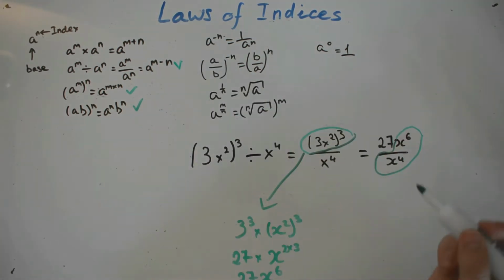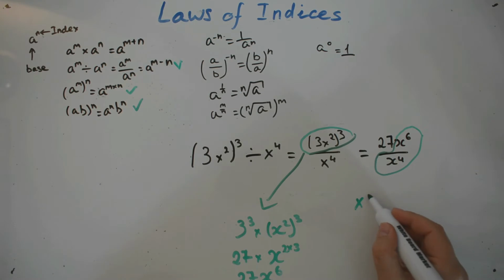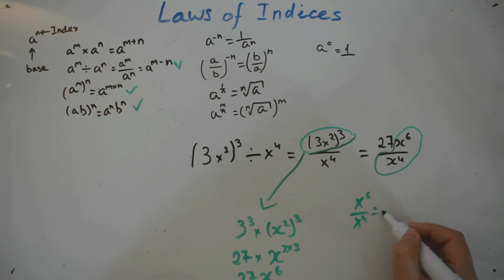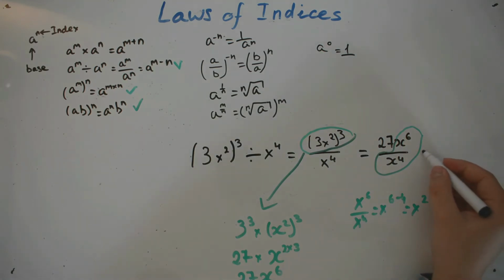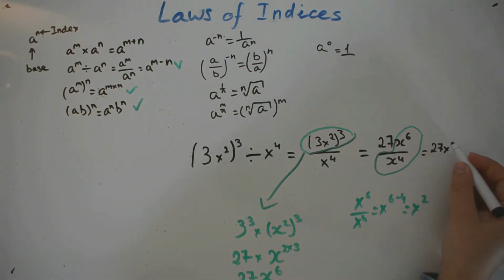When we divide, we subtract, so it will become x to the power of 6 over x to the power of 4, and we will just subtract the powers, 6 minus 4, and we'll get x to the power of 2. Okay, and I'll just write that as the answer, 27x to the power of 2.